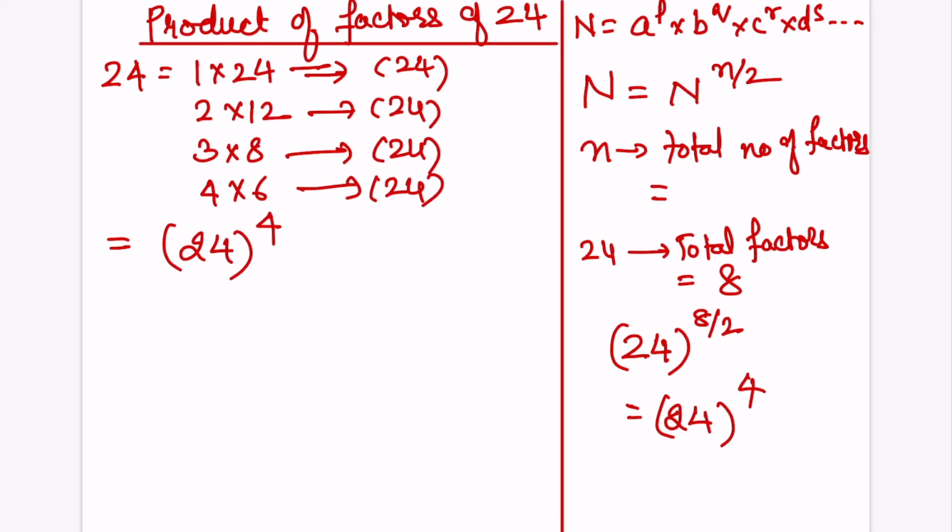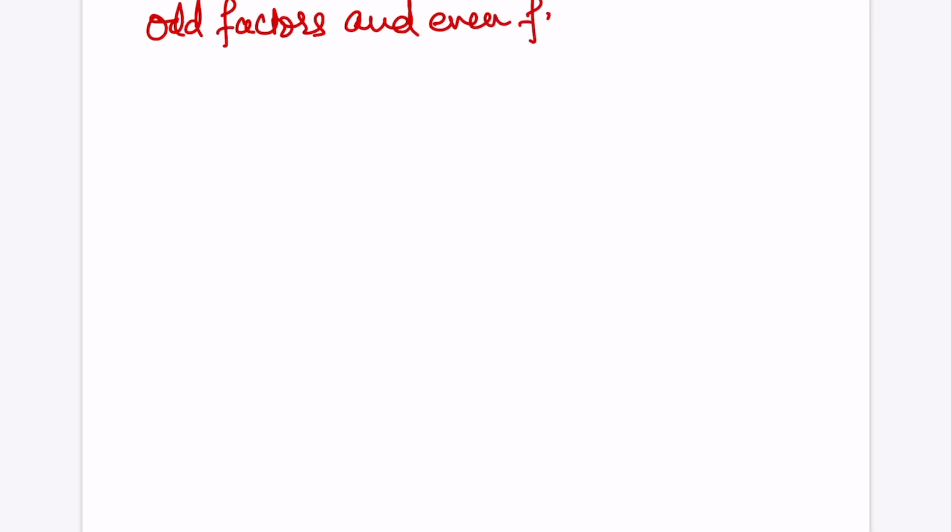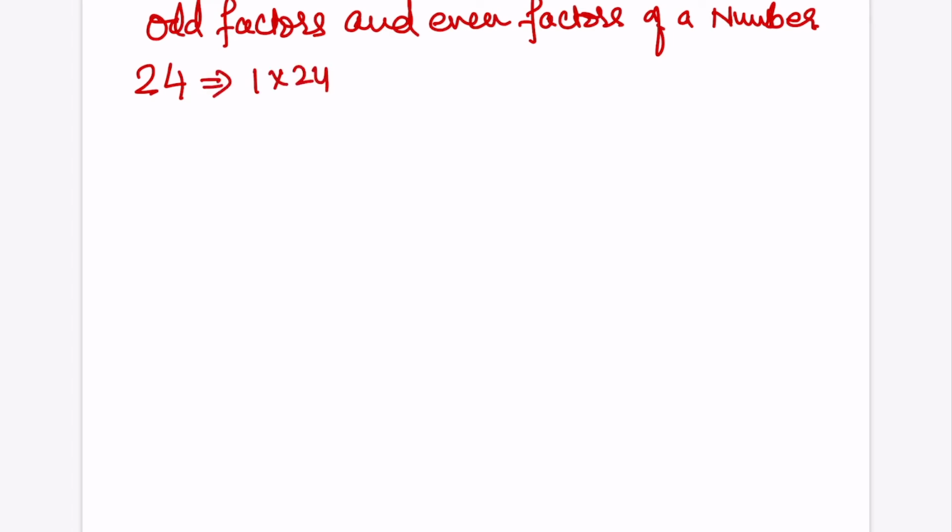The last is the odd and the even factors. Odd factors and even factors of a number. So again, 1 into 24, 2 into 12, 3 into 8 and 4 into 6.